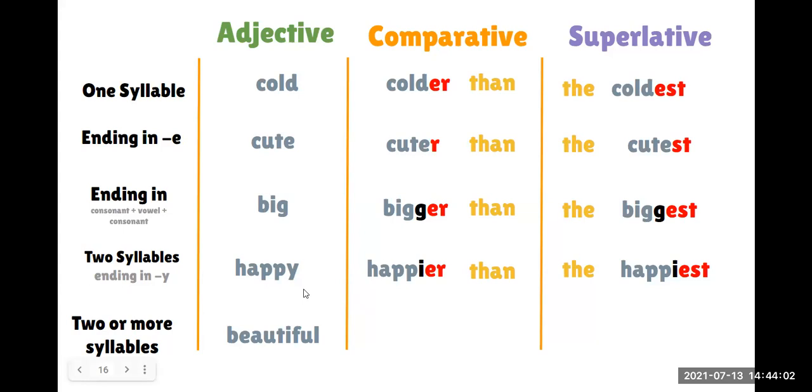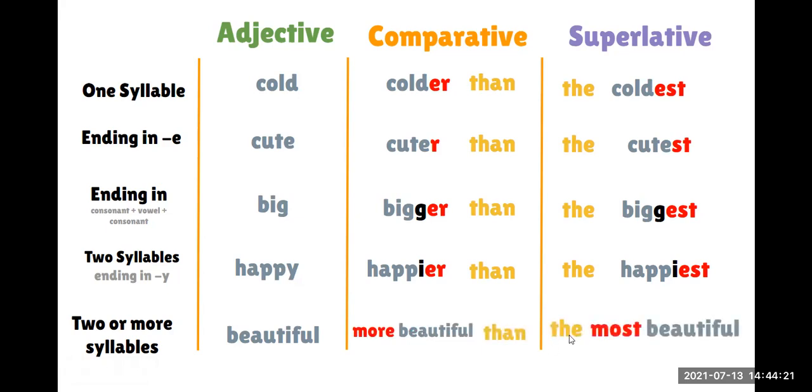¿Ok? Entonces, easier than. Cuando tenemos un adjetivo con 2 sílabas, pero este adjetivo no termina en Y, y un adjetivo que tenga más de 2 sílabas, podemos ocupar more beautiful than or the most beautiful. Okay?